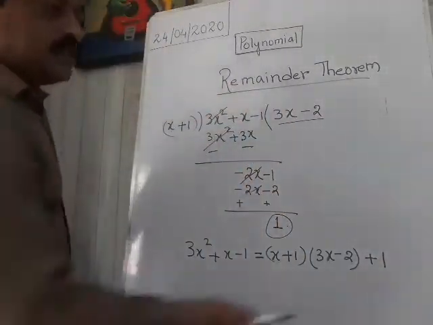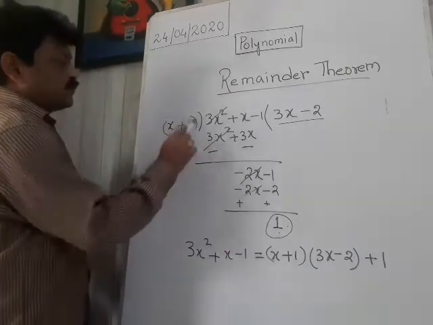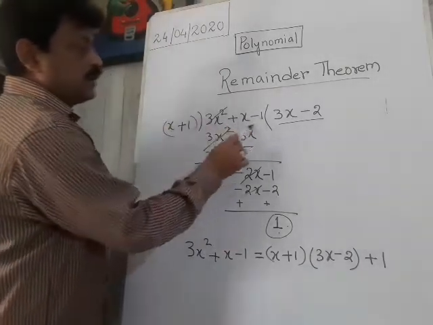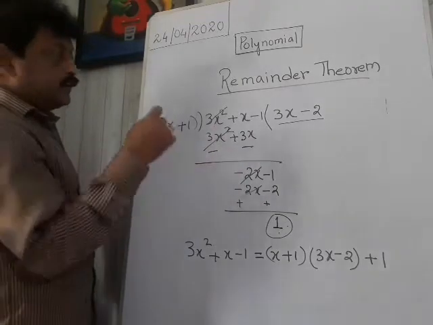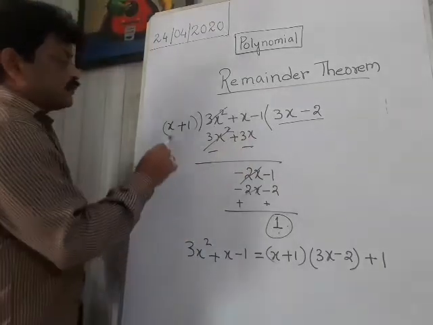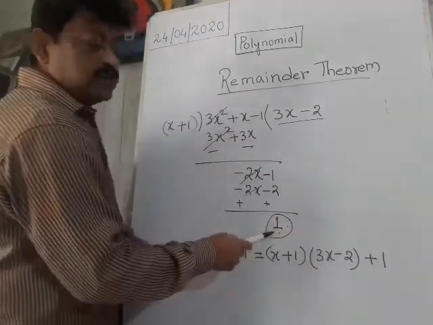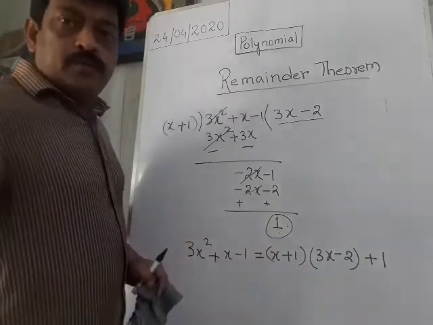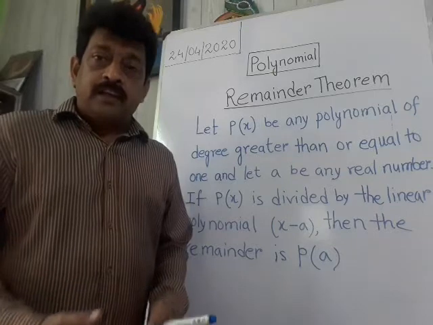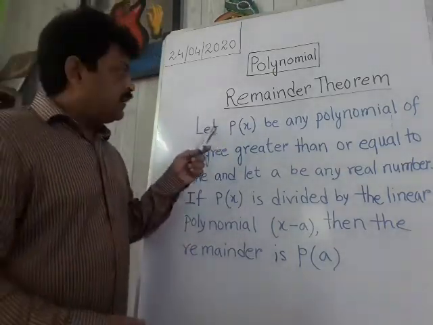So we can say, since the remainder is 1, that x plus 1 is not a factor of 3x square plus x minus 1. In other words, 3x square plus x minus 1 is not a multiple of x plus 1 because the remainder is 1. Understood?